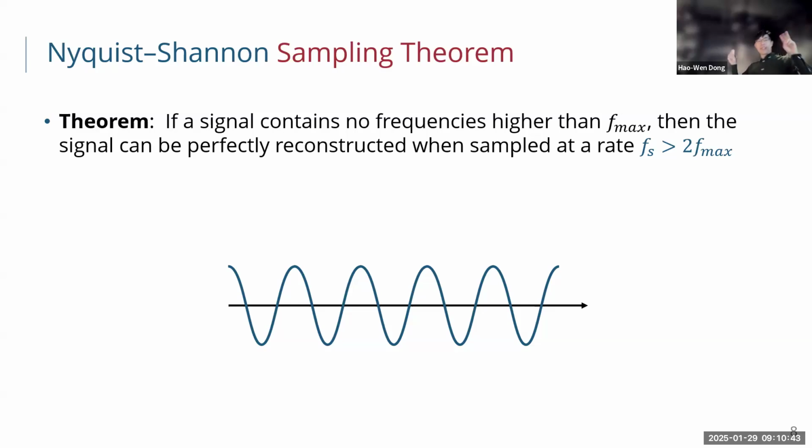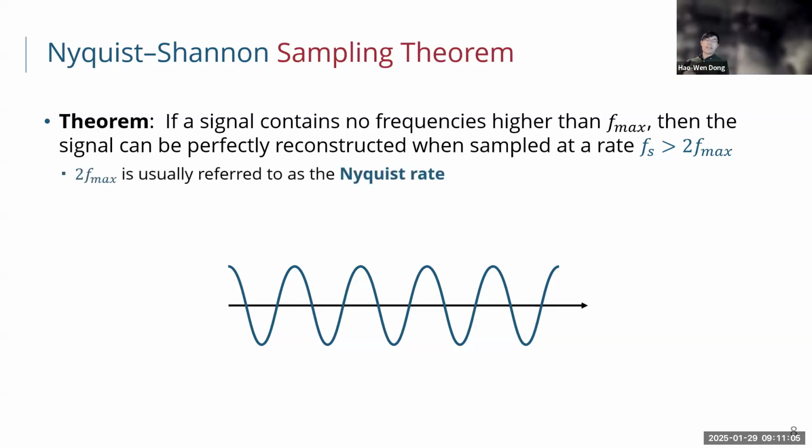This theorem says that if a signal contains no frequencies higher than f max, the maximum frequency of your signal, then the signal can be perfectly reconstructed when sampled at a rate fs that's larger than 2 f max. This is usually referred to as the Nyquist rate.